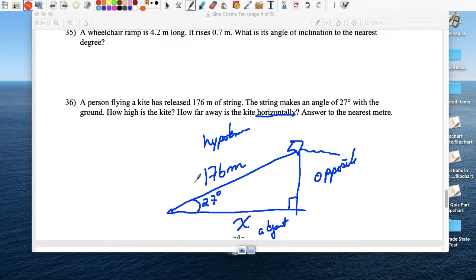We want adjacent and hypotenuse, so that would make it cosine. Cosine of 27 is adjacent over hypotenuse, which is 176. Cross multiply, cos of 27 times 176 equals x. Let's see if I get this right.